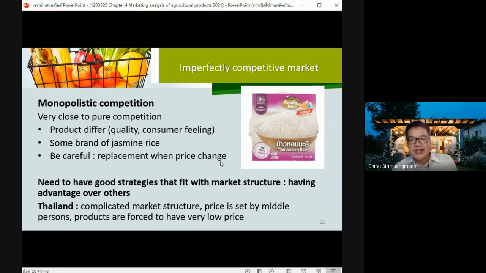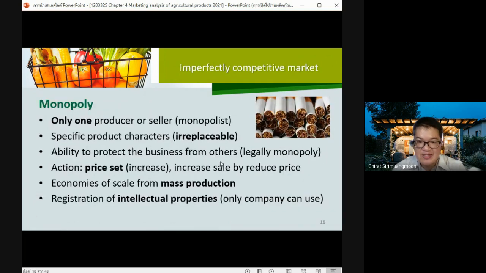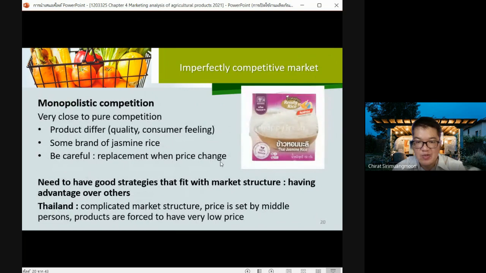Sorry about that. So we just talked about the types of agricultural market. The marketer needs to understand the types of agricultural markets because they need a good strategy that fits the market structures, especially when you need to have some advantage over the others. There are four types of agricultural market here: perfectly competitive market, monopoly, oligopoly, and monopolistic.